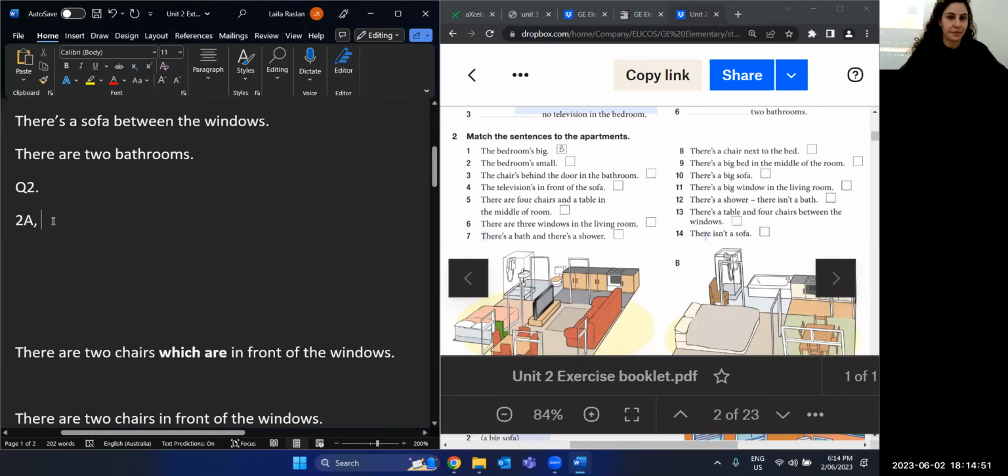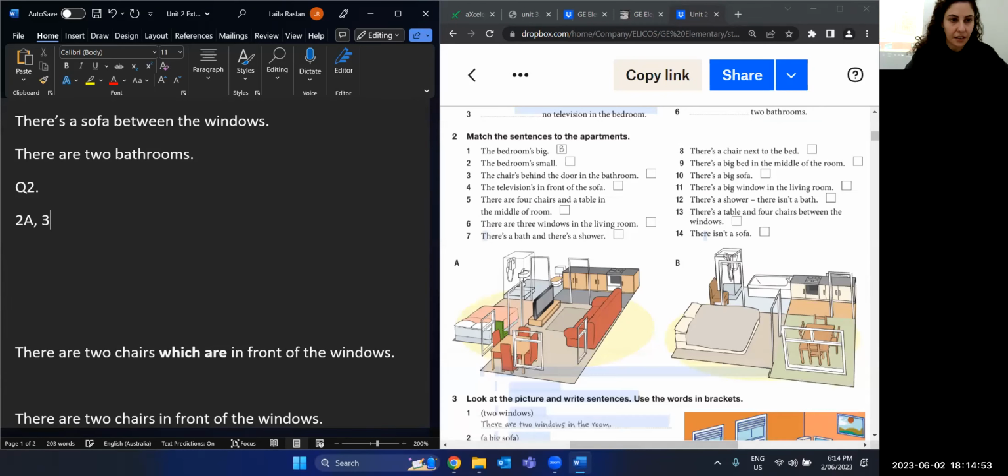B. 3B. The television's in front of the sofa. A. There are 4 chairs and a table in the middle of the room. B. Yeah.